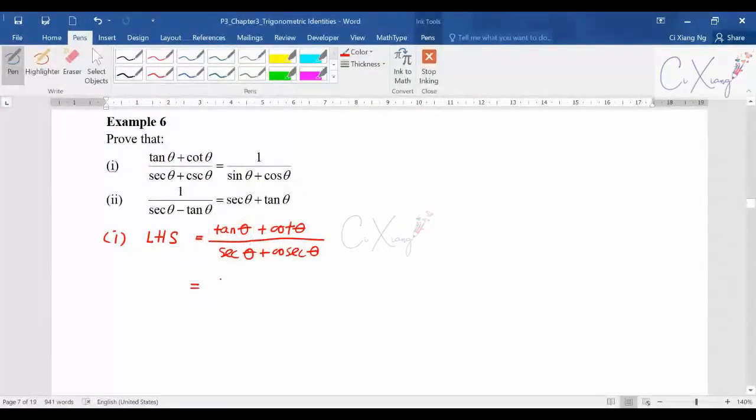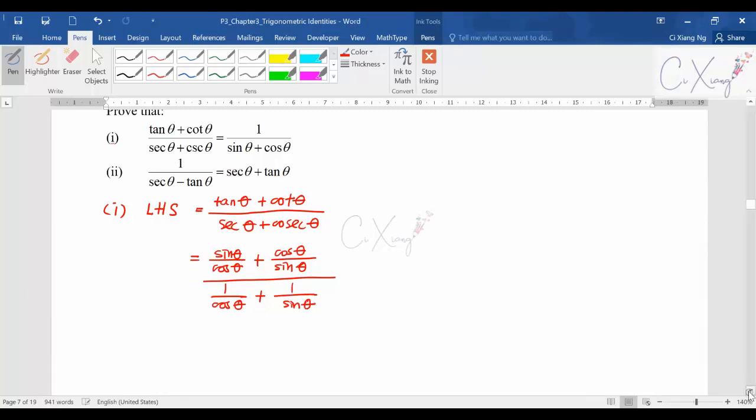So what is tangent? Tangent is sine theta divided by cos. Then plus, what is the cotangent? Cotangent is cos divided by sine. How about secant? Secant is 1 over cos. How about cosecant? It is 1 over sine.